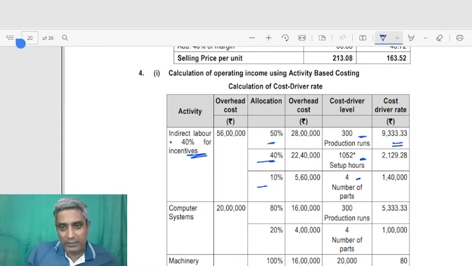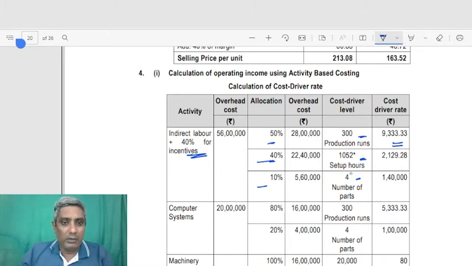See here, the rate is calculated like this. 28 lakh divided by 300 will give you the value like this, and 40%. Say how this 56 lakh half.